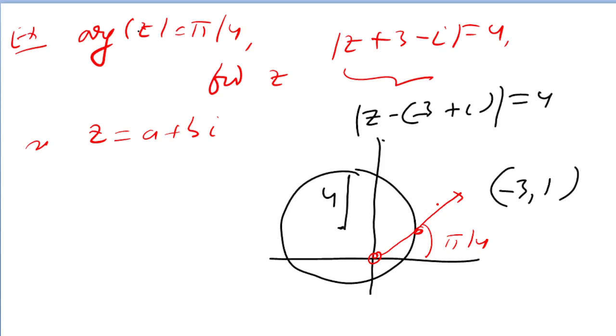So we have to find the intersection of the circle and the line. By the way, I have not drawn it clearly. If we draw clearly, we can easily get it. So let's do it in a proper manner.